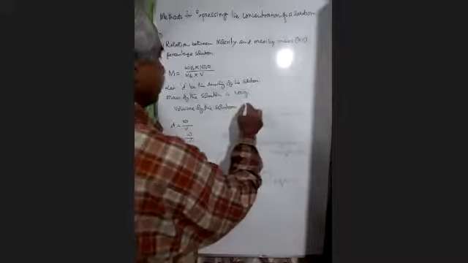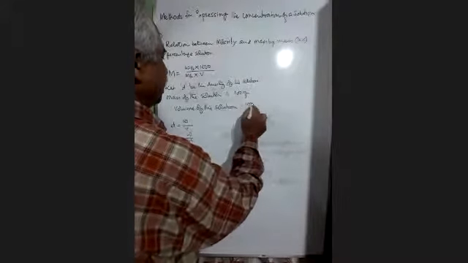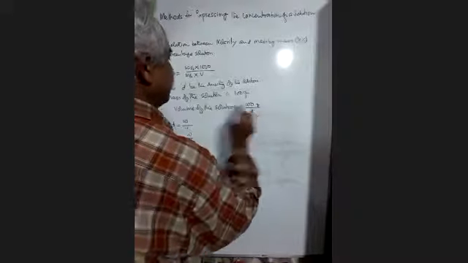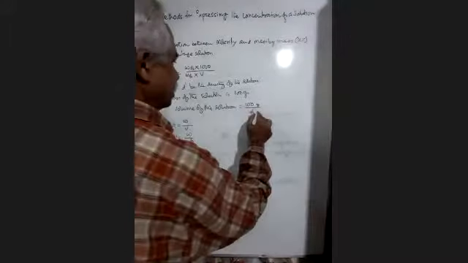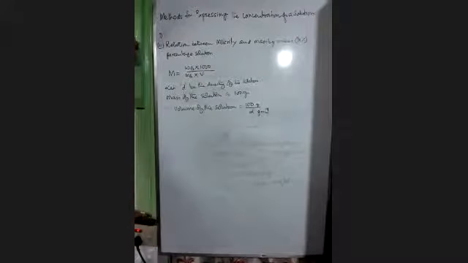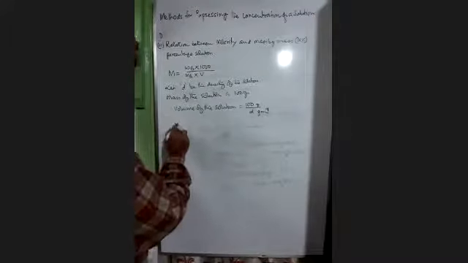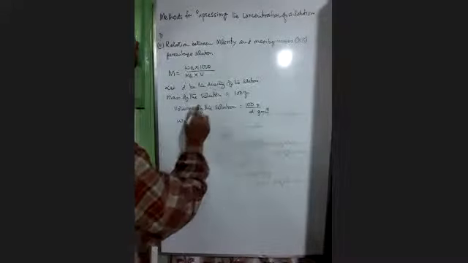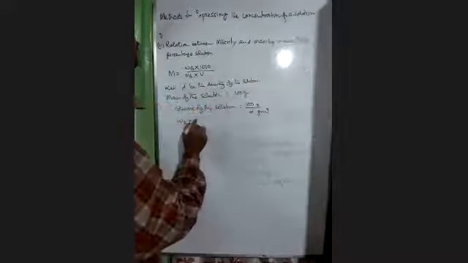So volume of the solution is equal to 100 gram divided by D. So it is grams by ml, no? So I'll write now here. Now what is WB? See here. X. X. So M is equal to what?